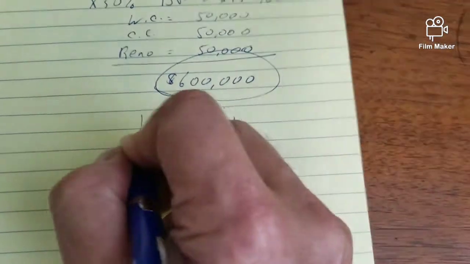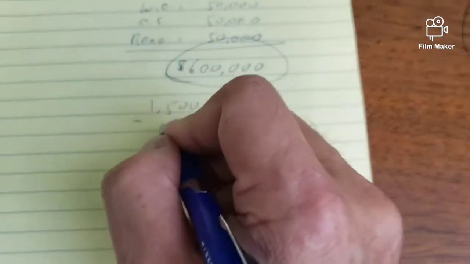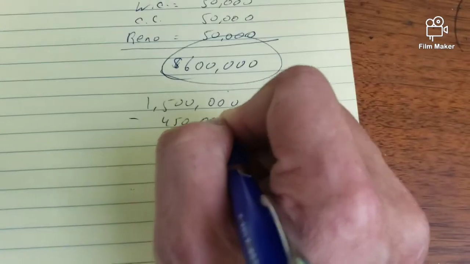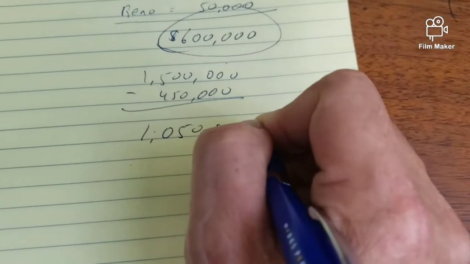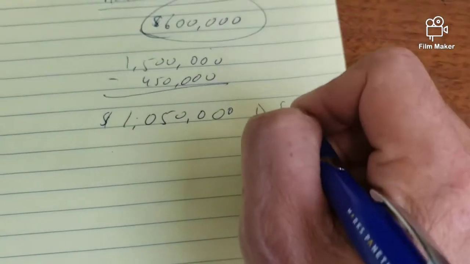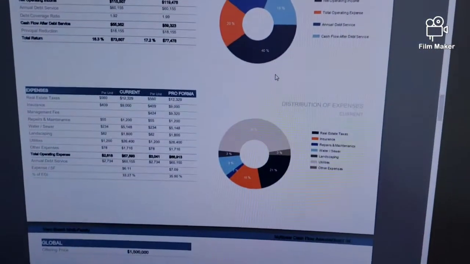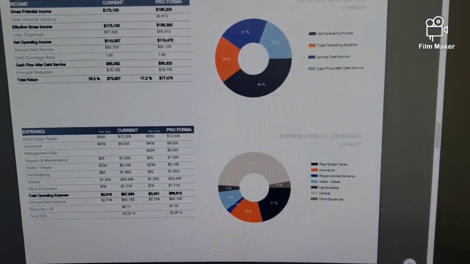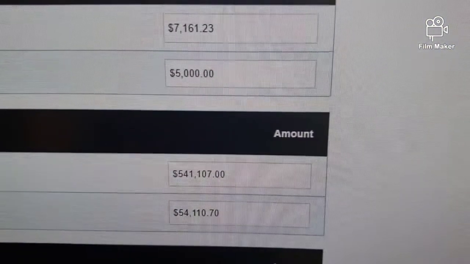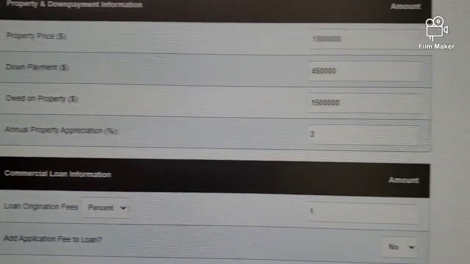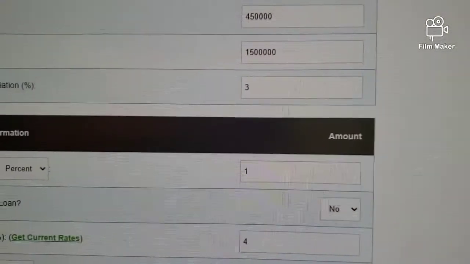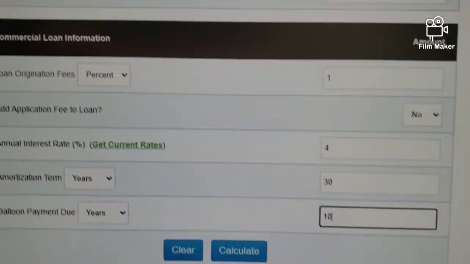Now, $1,500,000 minus the 30% down payment, minus 450,000, leaves me with $1,050,000 of debt. Now I went to my calculator here, and it shows $1,500,000, $450,000, 3 years for appreciation, 1% loan point.